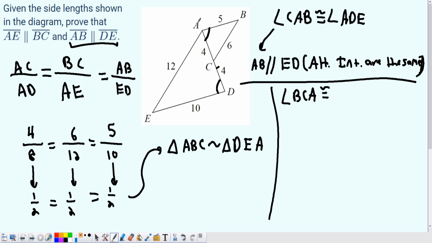So we need the same setup in the other triangle. That would be E to A, the biggest side, and then A to D, the small side. So the angle EAD. Those would be the corresponding angles for that.